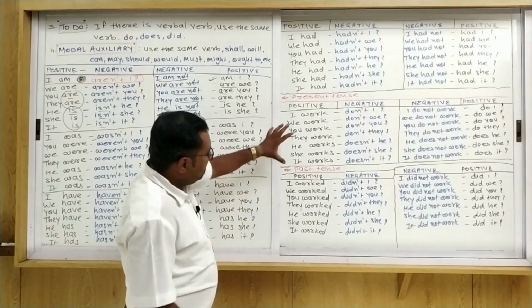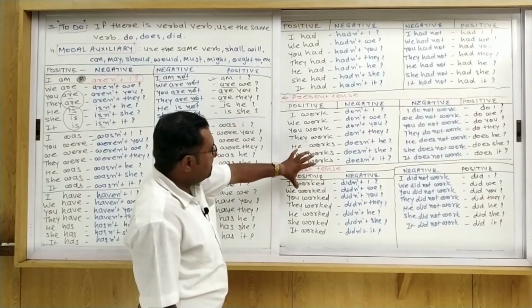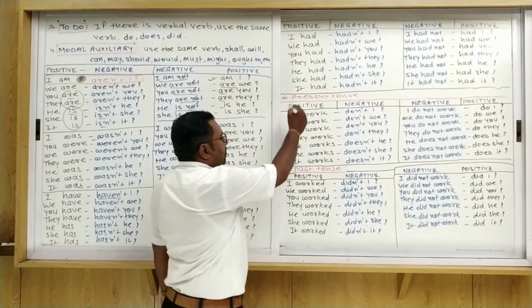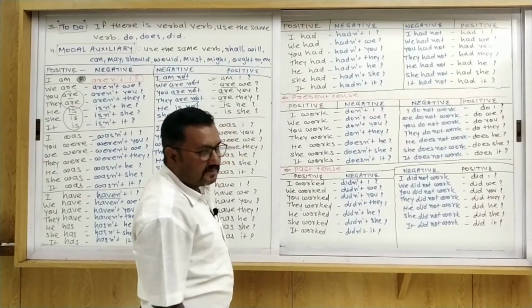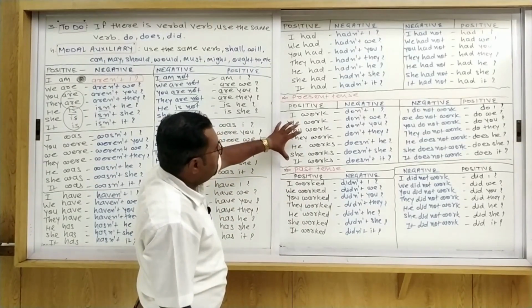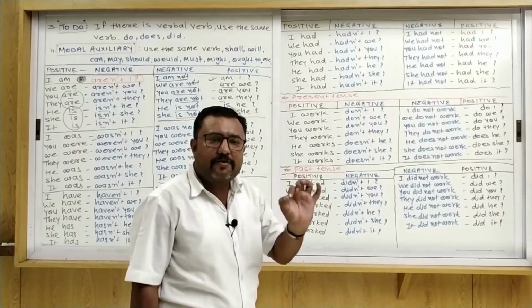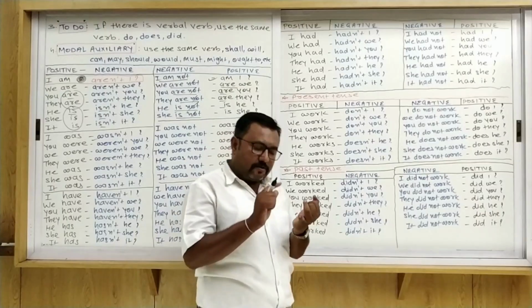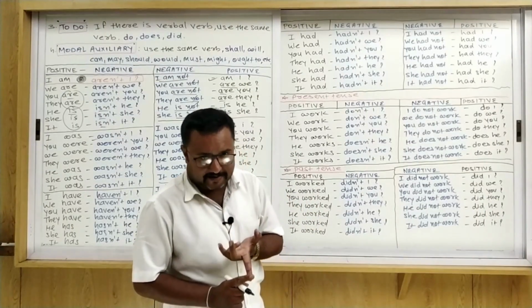So, but here these two things, please focus here, because the first sentences are about the present tense and this one past tense. So you cannot see here to be form, to do form and to have form. That means you cannot see here am, is, are, was, were, have, has or had.